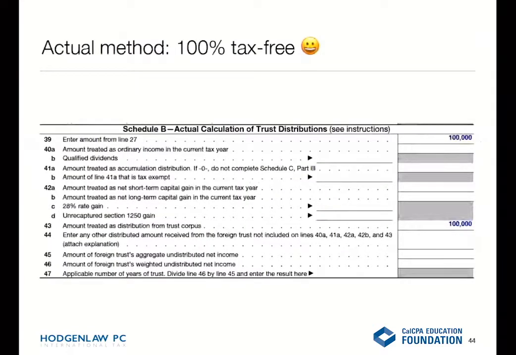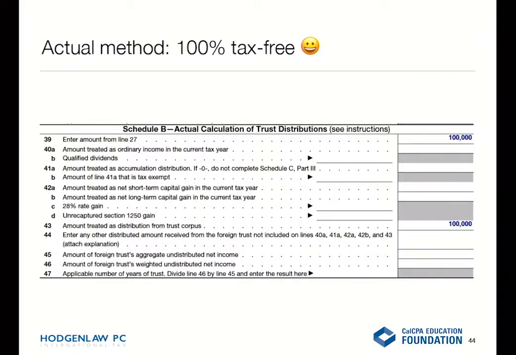Now let's say that this person is able to use the actual method because they got the foreign non-grantor trust beneficiary statement. They're going to be able to use Schedule B, actual calculation of trust distributions. And on line 39 there, they're going to enter the amount from line 27. They're going to show that they received $100,000.